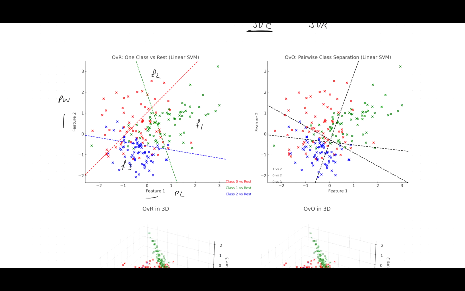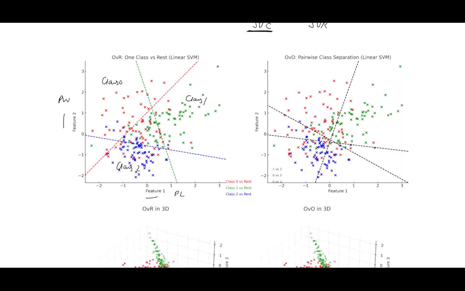We are just assuming. We have denoted it with the classes 0, 1, and 2, so we can name it the same way so there will be no confusion. This is your class 0, this is your class 1 and this is your class 2.